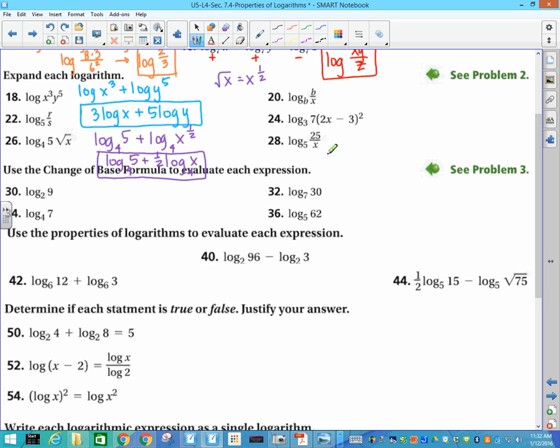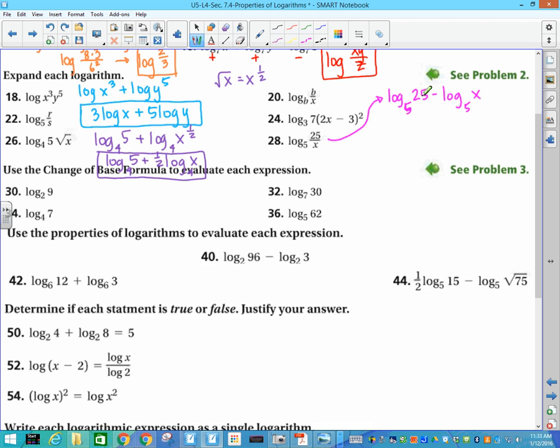I didn't have a minus. Let's go do 28, then I'll stop with these and do a different type. So 28 is going to look like this. Log base 5 of 25 minus log base 5 of x.